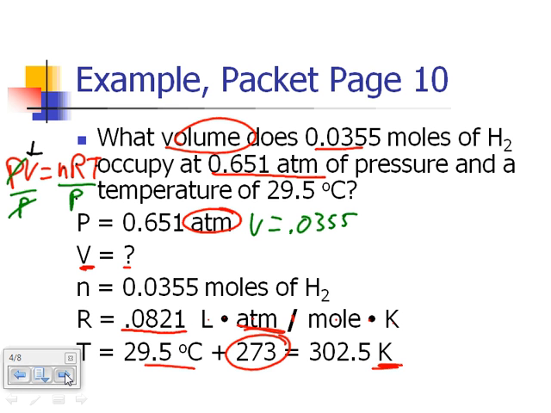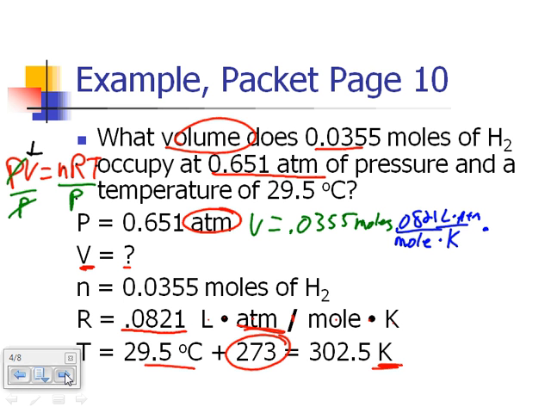0.0355 moles. Next thing we have is R. That's going to be our 0.0821 liters times atmospheres over mole times Kelvin. We need to have all those units in there.